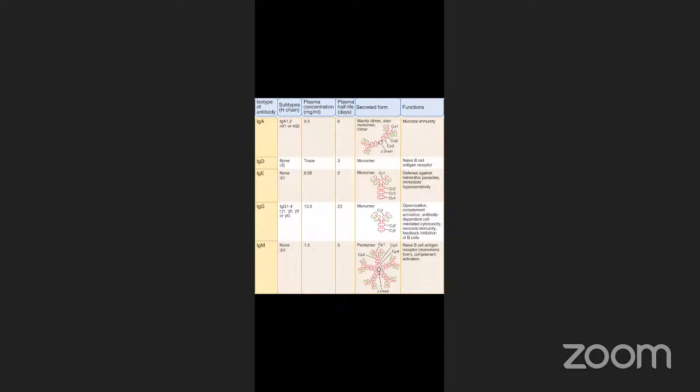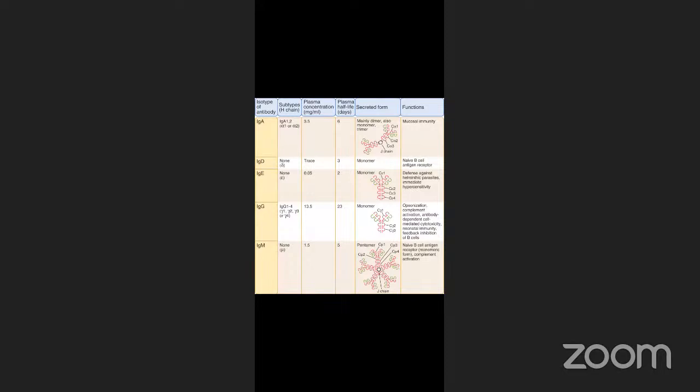First of all, immunoglobulin A. Immunoglobulin A contains two subclasses, alpha 1 and alpha 2, meaning immunoglobulin A subclass 1 and immunoglobulin A subclass 2.